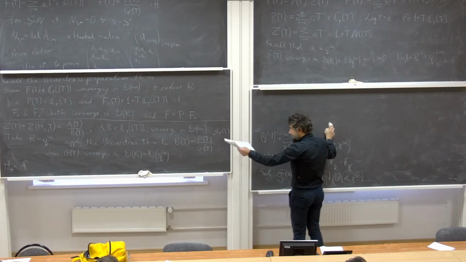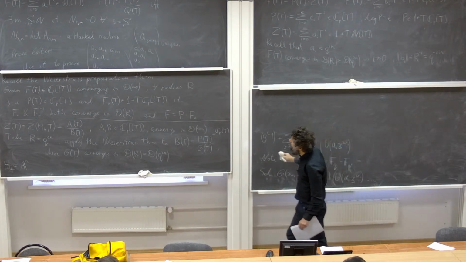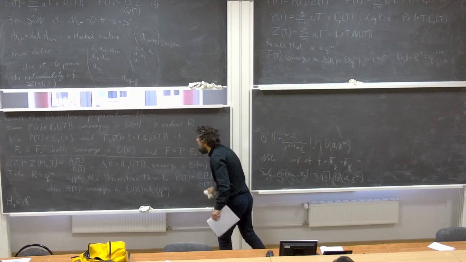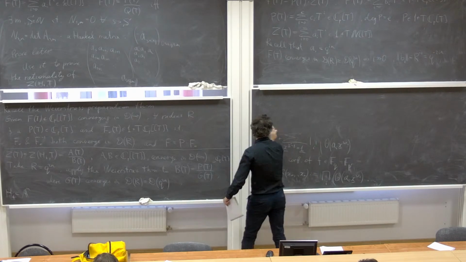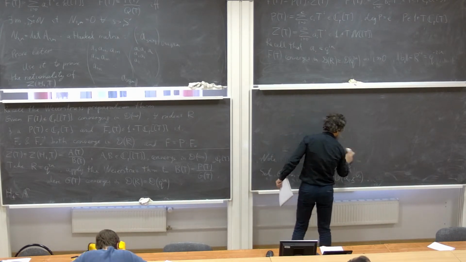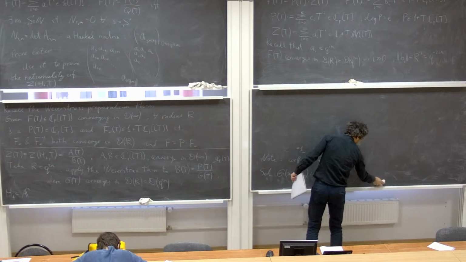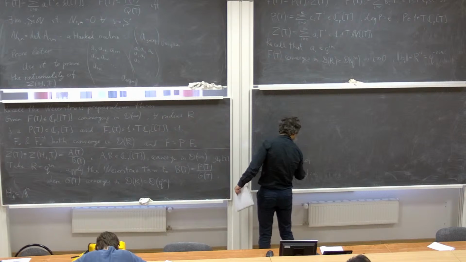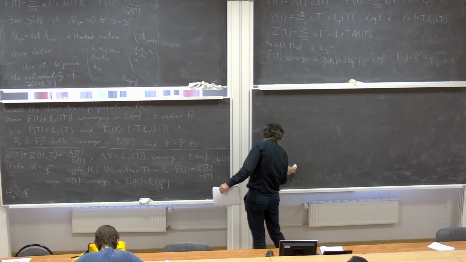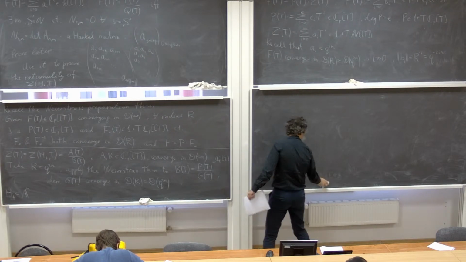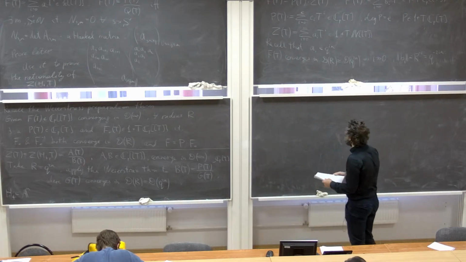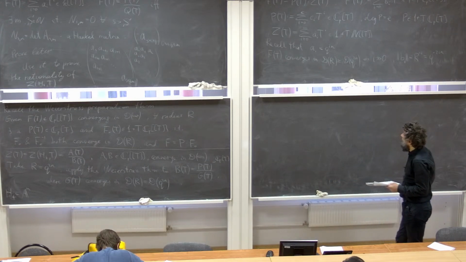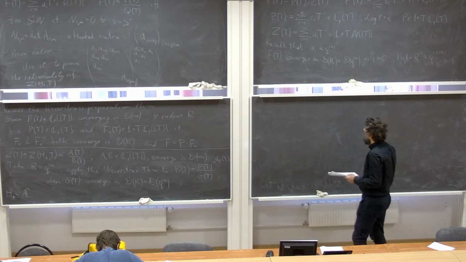Now I have to apply this abstract lemma. Compute those determinants. We will not be able to do the determinants certainly because we don't know anything exact about these coefficients a_i. But we'll be able to estimate those determinants.